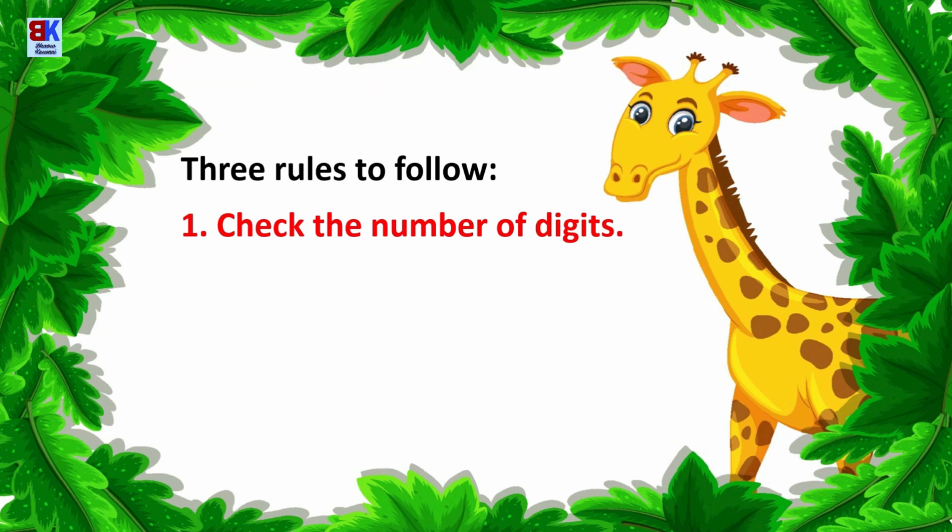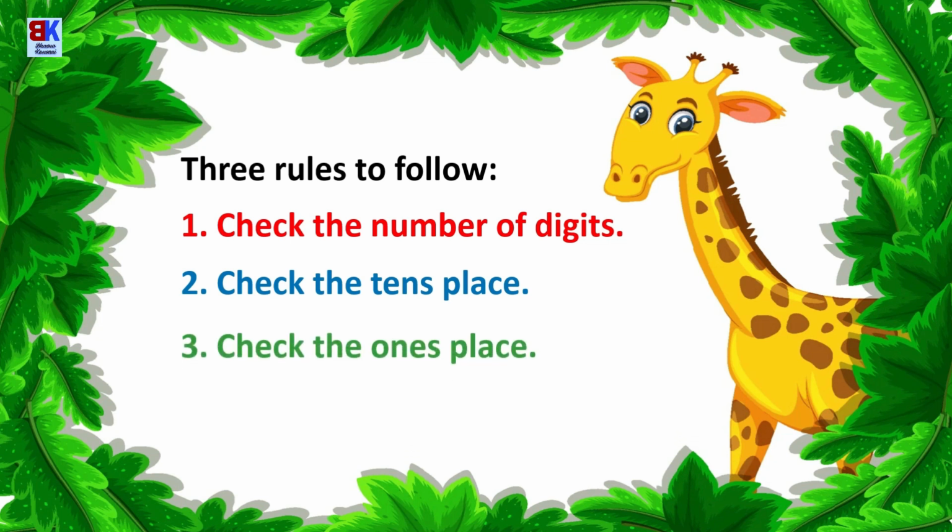If the digits are same, then check the tens place and again compare numbers. If the numbers are same in the tens place, then check the numbers in the ones place and compare again. You will understand it further when we solve some questions together.